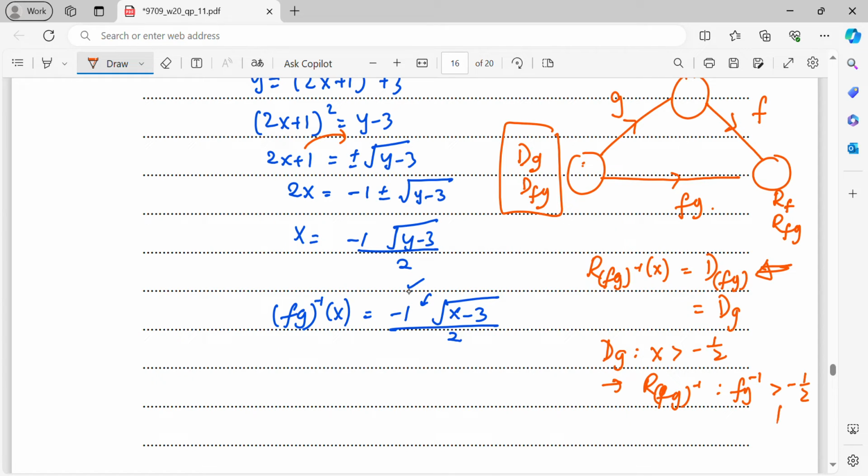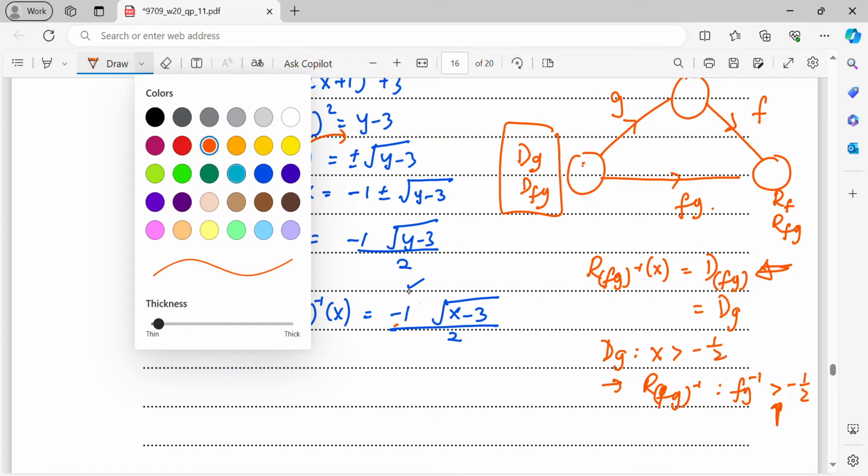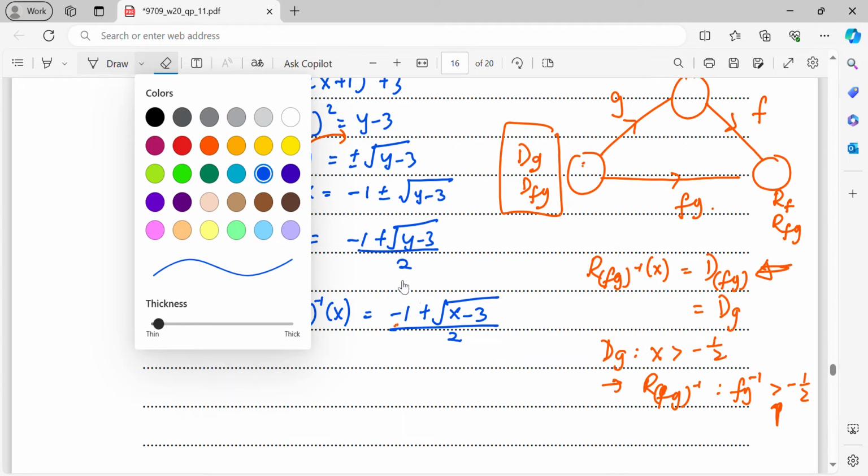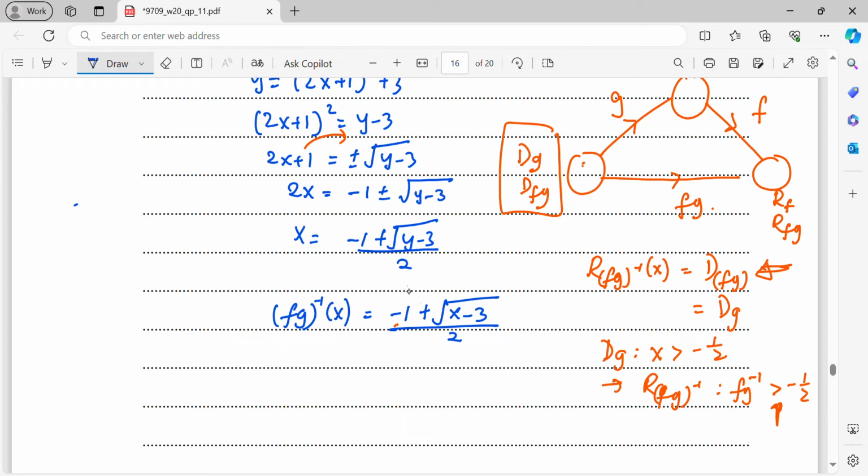Okay, so in order to get greater than negative half, since this is negative 1, we should choose plus. Therefore here I choose plus, no longer plus minus. Because if you choose minus, it will be less than the negative value, it will be more negative. Therefore, this is your fg inverse.